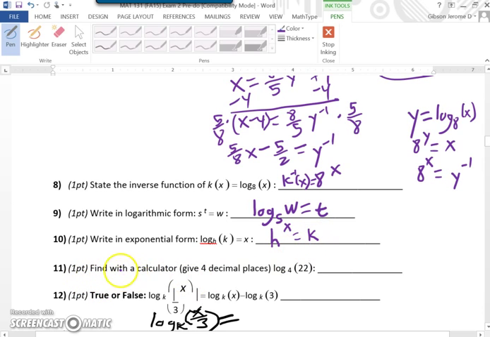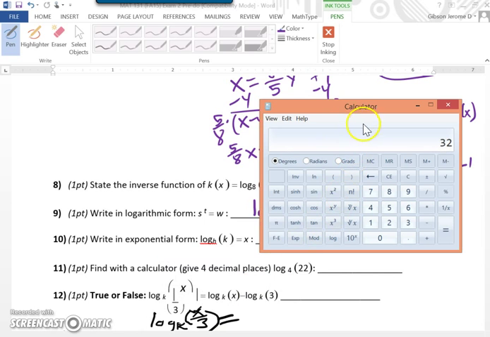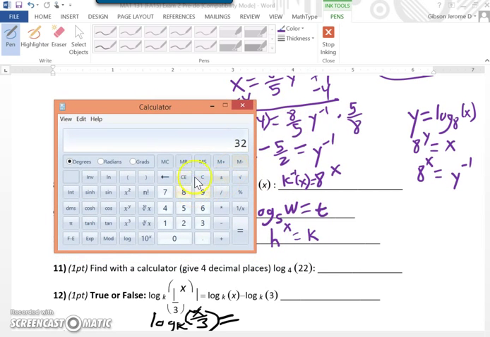Now we come to 11. Find with the calculator, give 4 decimal places. Log base 4 of 22. Now I'm not sure if this calculator has a log on it or not. It does. Now most of you have the updated system on your TI-84. So you would press the green alpha key, then window, then press the number 5, and type in the values.